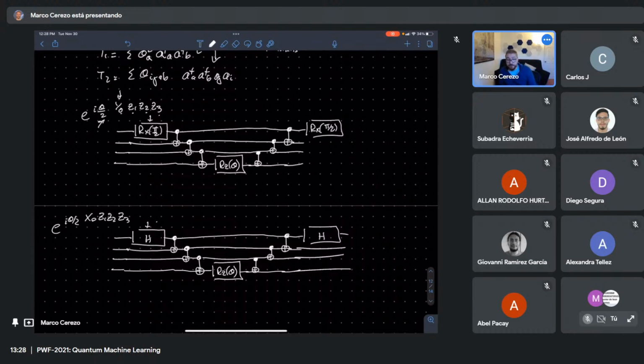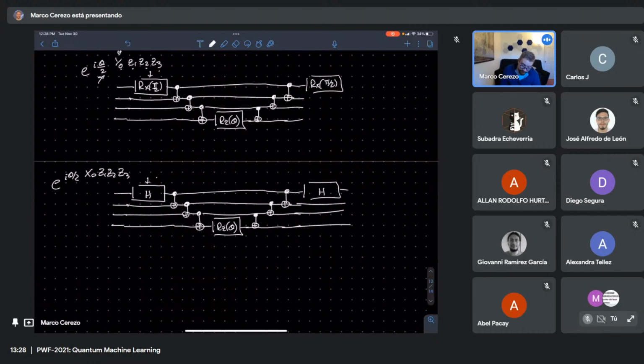This is the circuit to actually implement this unitary that we have right here, right? And what is the depth of this circuit? Well, we can now start to think about big O notation. It has a depth of the order of the length of the Pauli string. What is a Pauli string? It's just a sequence of Paulis, like we have right here.